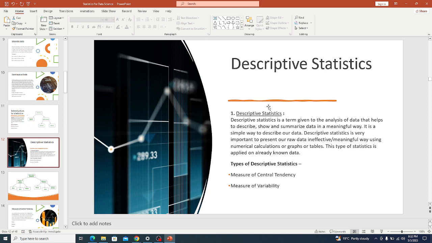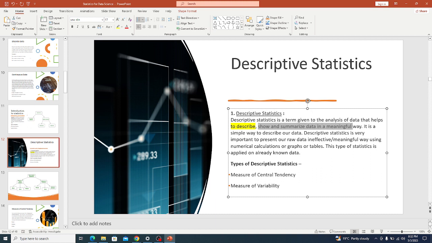So descriptive statistics is a term given to the analysis of data that helps us to describe and show a summary of data in a meaningful way.